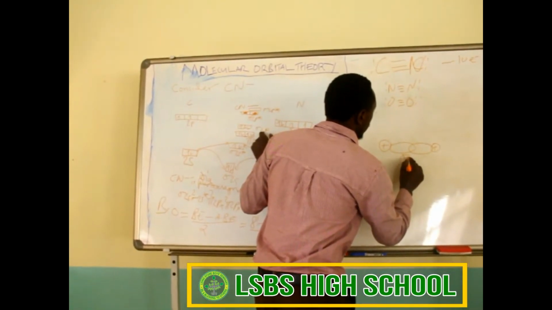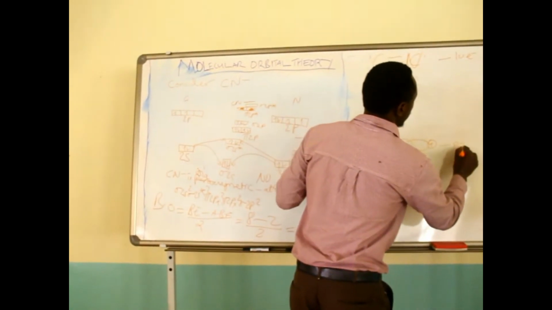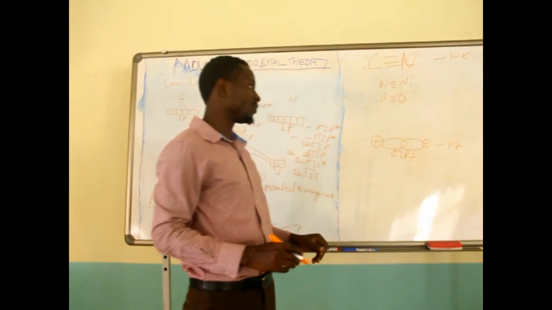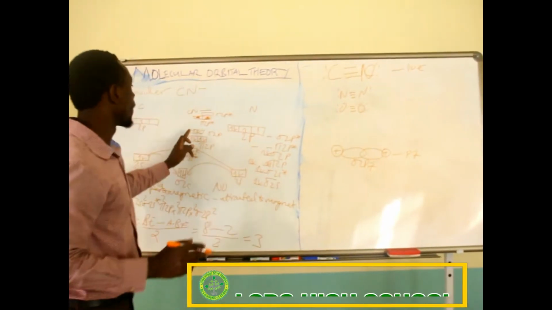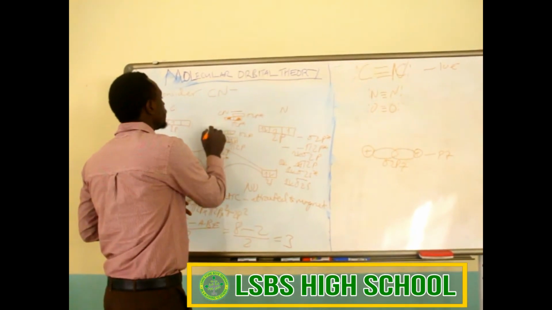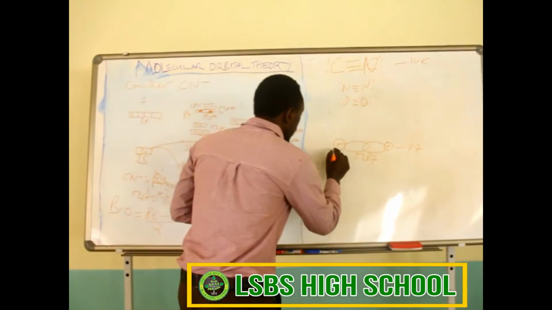This is sigma 2pz, and this we call the pz axis. Then we have the unhybridized px, and this is py.